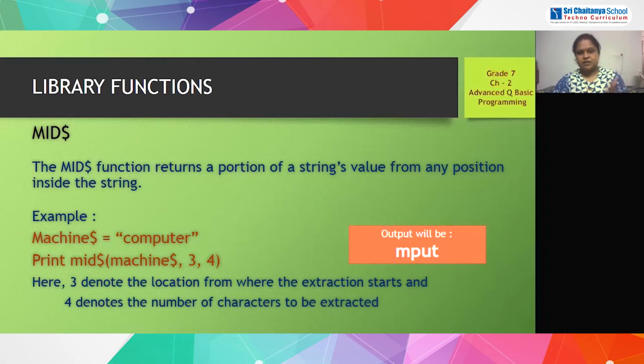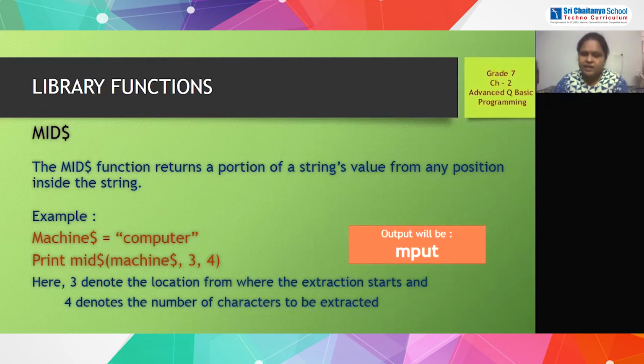The mid function returns the portion of a string value from any position inside the string. Here also I am taking the same example, computer, and see what print I am going to do here. I am printing mid dollar machine 3,4. What is this 3,4? 3 denotes the location from where the extraction starts, like from which letter it should start taking, and 4 denotes how many characters should be extracted.